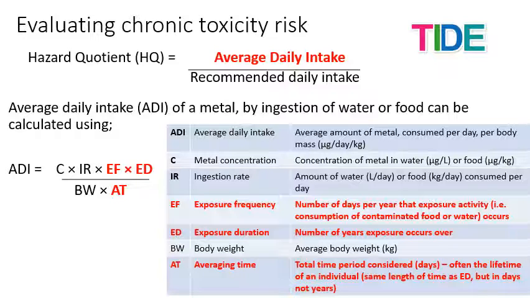And this long time scale over which the ADI is averaged reflects the fact that we're calculating chronic metal toxicity risks, so the risk of developing health problems due to long-term exposure to these metals. These 2 values reflect this long time scale over which we want to conduct this risk assessment.